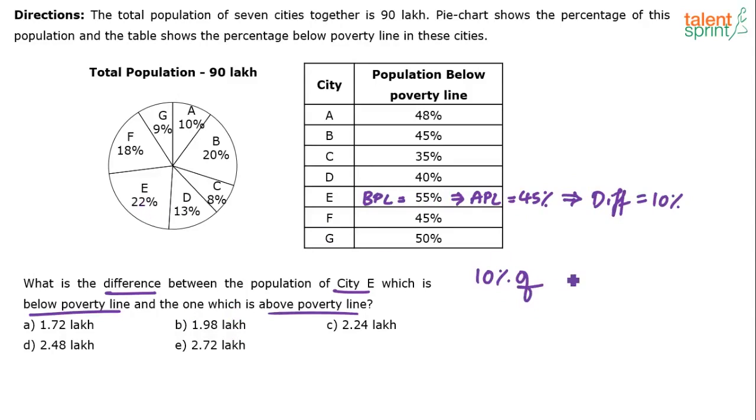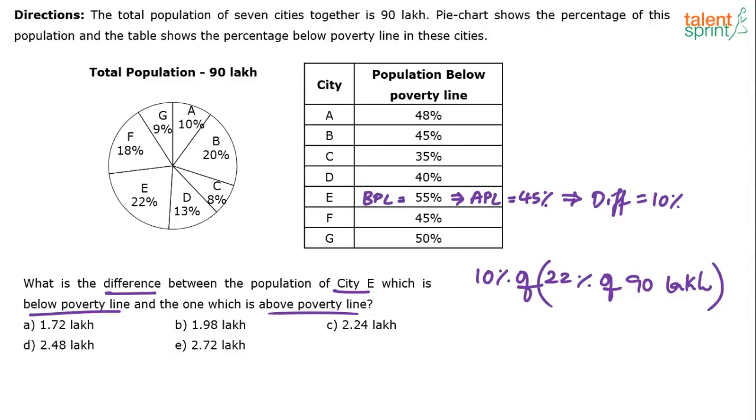What is E's population? 22%. Of what? 90 lakhs. So first calculate 22% of 90 lakhs. What is 20% of 90 lakhs? Sorry, 20% is 18 lakhs. So 2% will be 1.8 lakhs. I am always missing that 0 there.